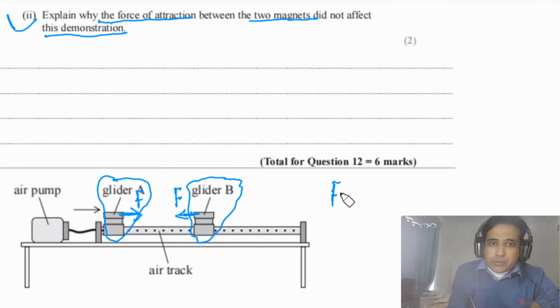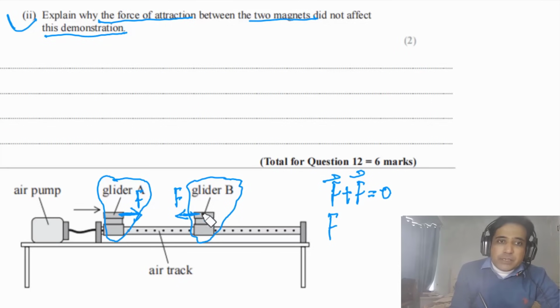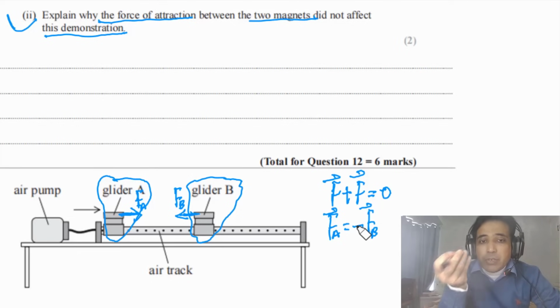So the vector sum of these two forces will be equal to 0. In this case we have F plus F, and the vector sum will be equal to 0, because this is the force on B and this is the force on A, and the force on A is equal to the negative of the force on B, because these forces have opposite directions. So the resultant force on the system is equal to 0.